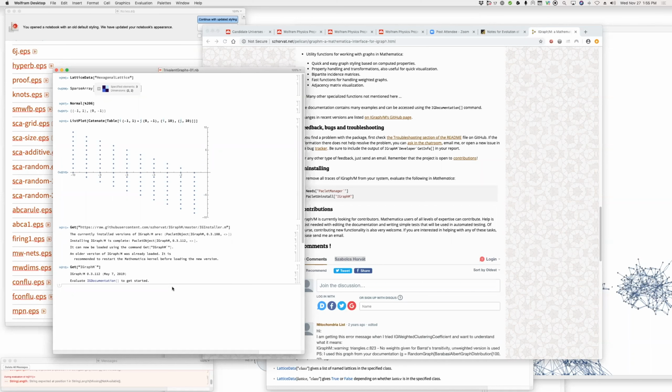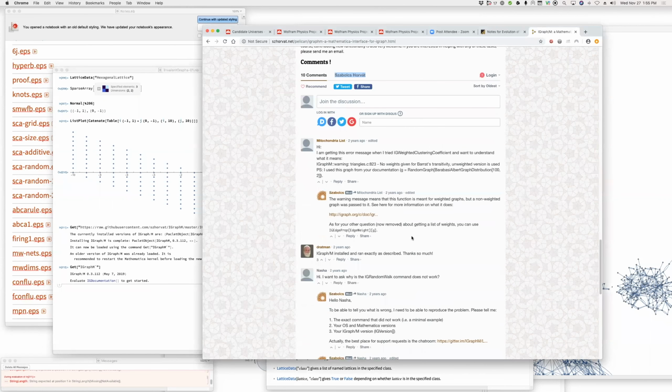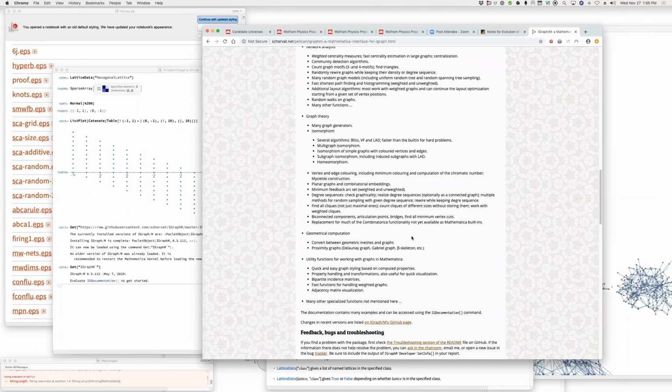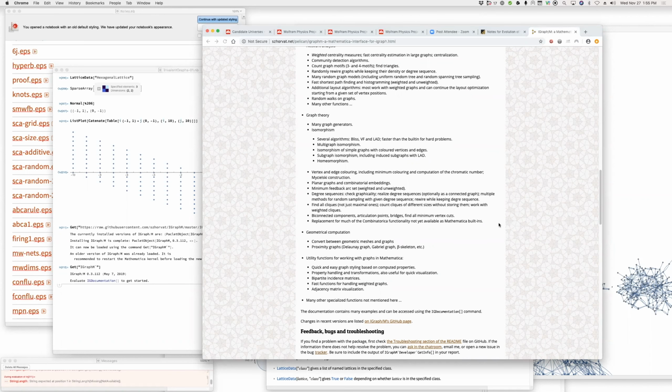Like random walks on these graphs will be an example. What are the indicators of overall graph structure? Dimension just being one of them. Well, I don't really know.